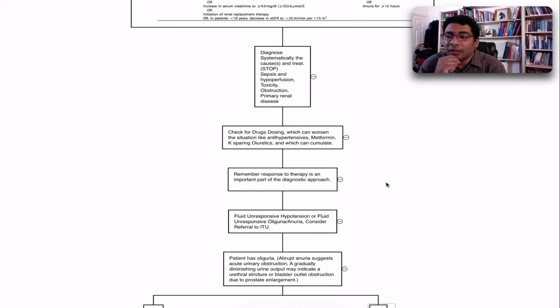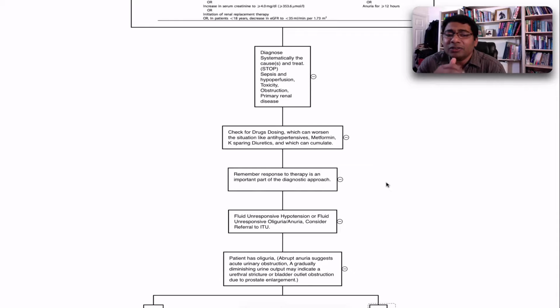Sometimes if you want to differentiate pre-renal from renal and post-renal, simply giving a bolus of fluid and their blood pressure rising up and then producing urine output could very well be indicative of a hypovolemic situation causing pre-renal, and simply catheterizing them could help sometimes find out that it's post-renal.